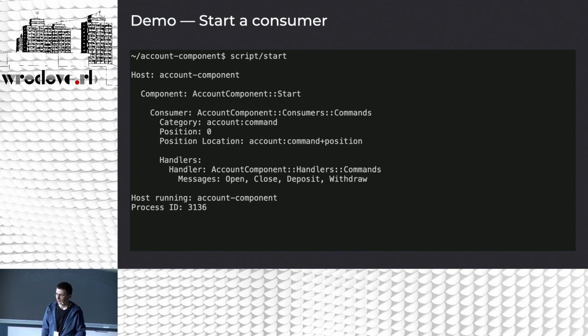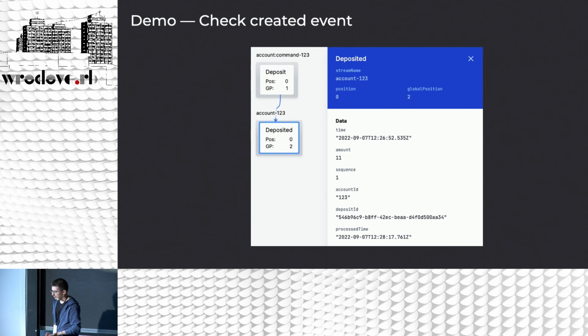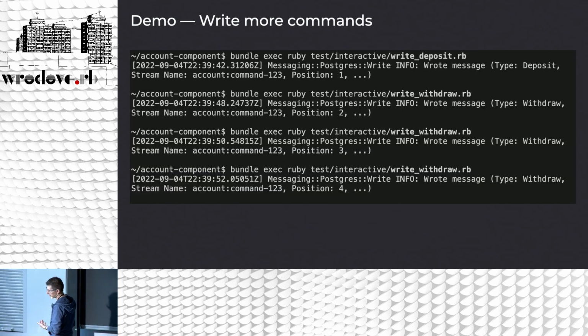Awesome. Let's start up a consumer that would consume that message and hopefully produce an event. It's already part of this component that we've cloned, so we just have to start it up. As a result, we get another stream, now an event stream. Deposit command, deposit event. Let's do something more fun. Let's write a bunch of commands.